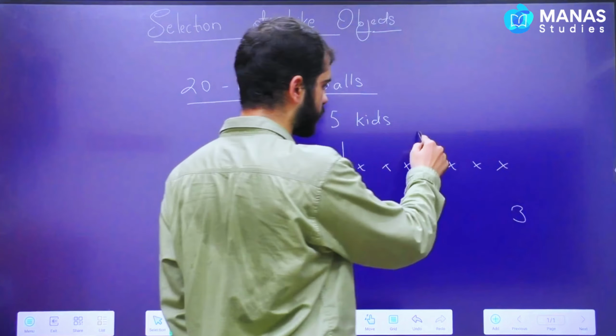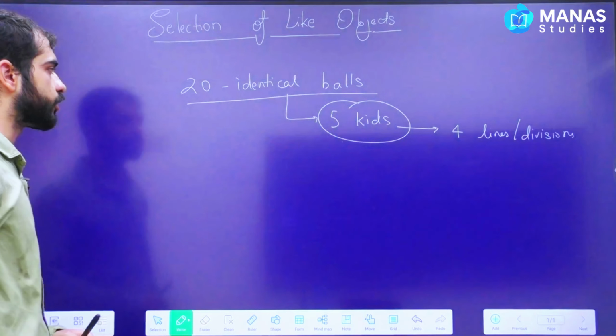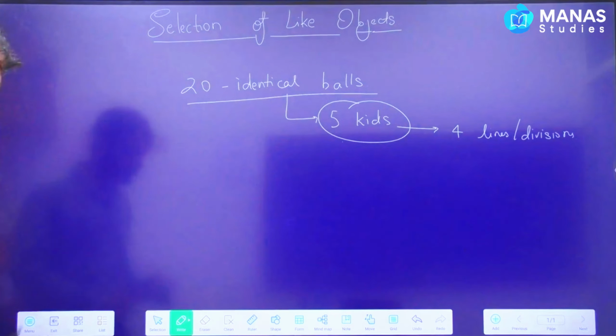That means I'll require four such walls or lines. The number of lines required would be 4. So from these 5 kids, I come to the conclusion that I'll require 4 lines or divisions in order to distribute 20 identical balls.